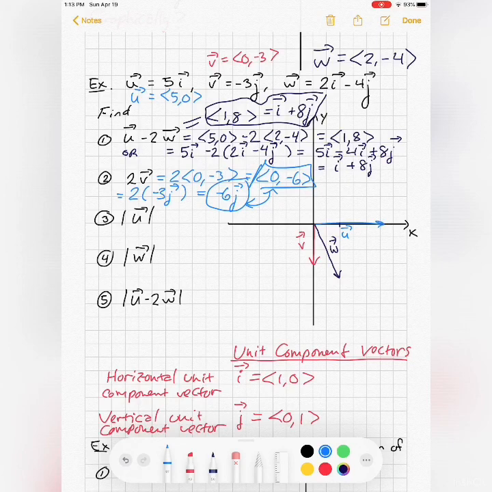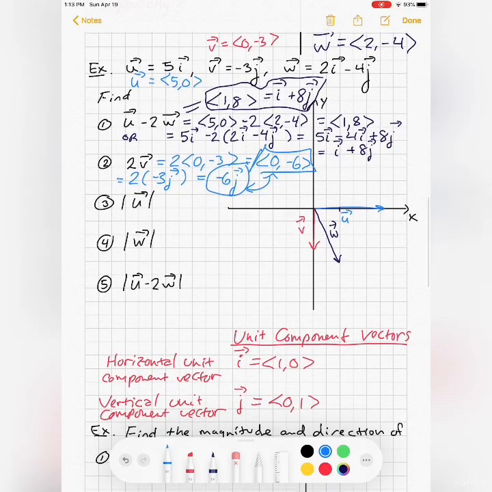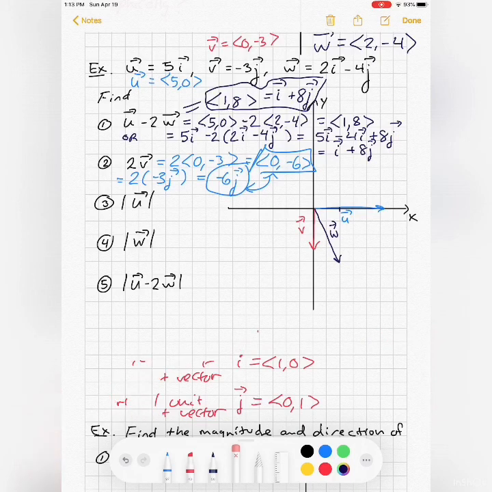Okay, here's something new. Here I'm being asked, these absolute values are asking me to find what we call the magnitudes of the vectors. So let me clean this up. We have some space here.